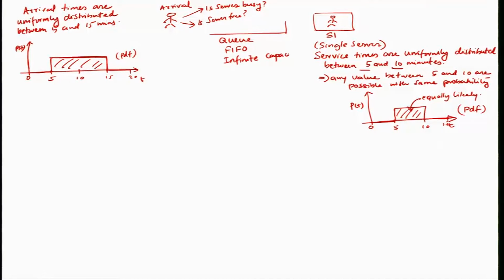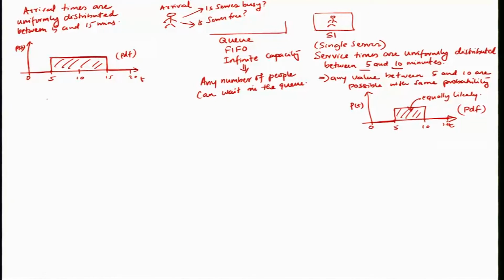Infinite capacity means any number of people can wait in the queue. That is what we talk about, the infinite capacity queue. With this, now what we will try to do is we will try to simulate people arriving into the system.